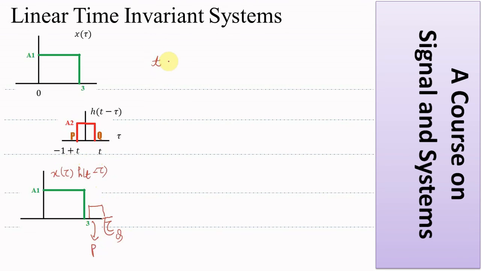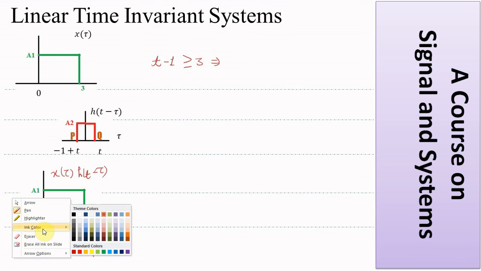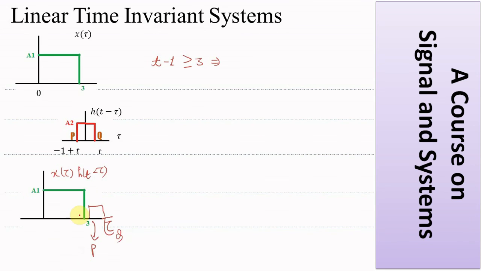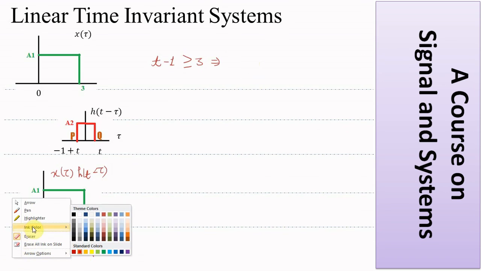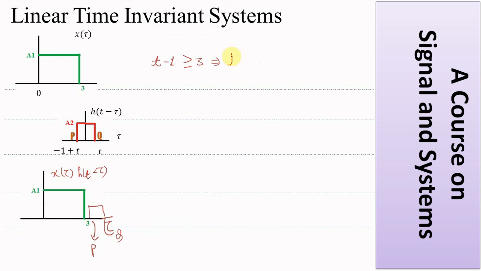So I'm saying the case when t minus 1 is larger than or equal to 3, which gives me that there is no bound on q. You can understand q can go anywhere. I am now taking up a case in which t is basically larger than 4 and there is no overlapping.